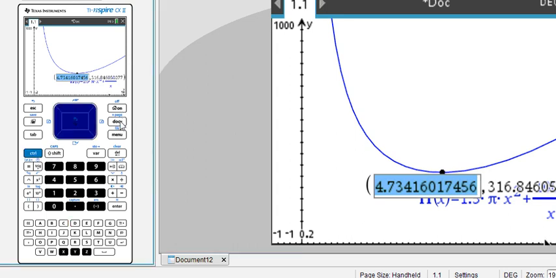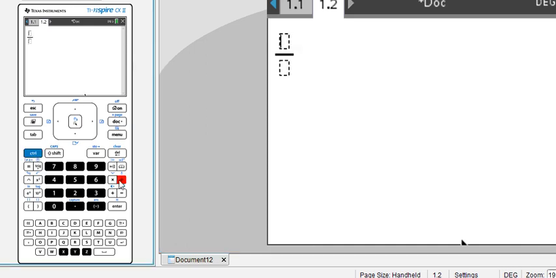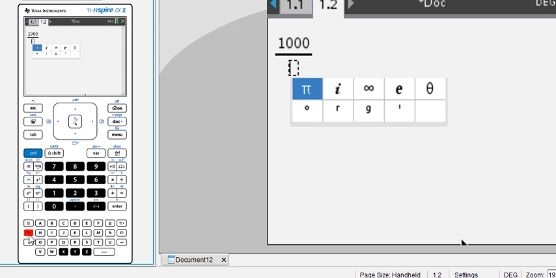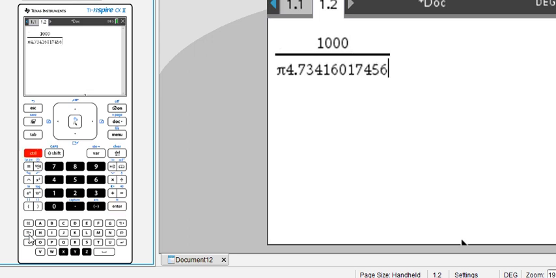I'm going to open up a new document. This time I want to do a calculator. And to find that h value, I want to take 1,000 and divide it by pi. And just like I would on the computer, I'm going to Control V to paste.